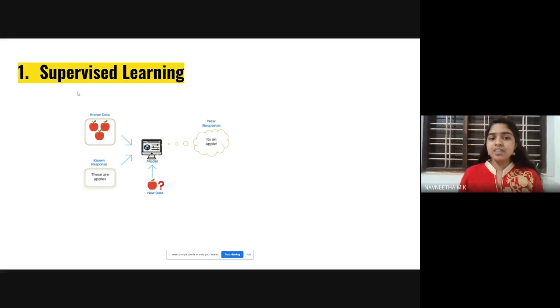Both are apples, but the colors are different. So, this is the learning training phase for the system. The system first creates a new data set which contains the pictures of the new data.